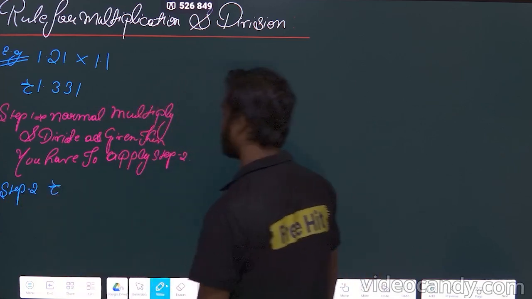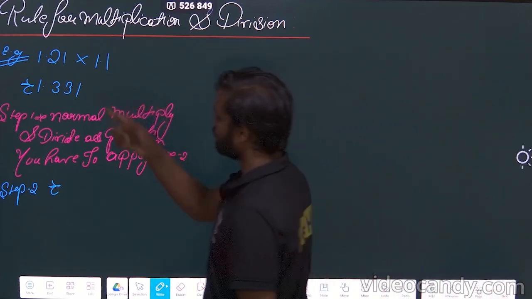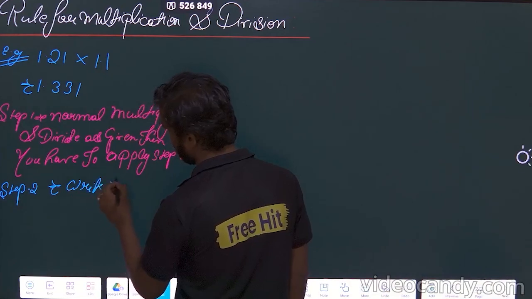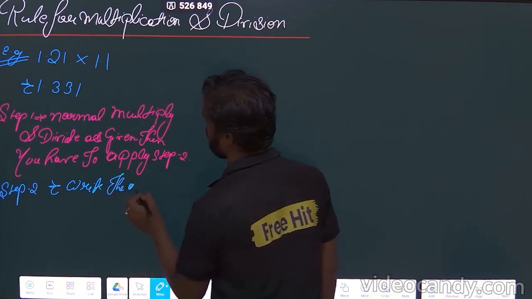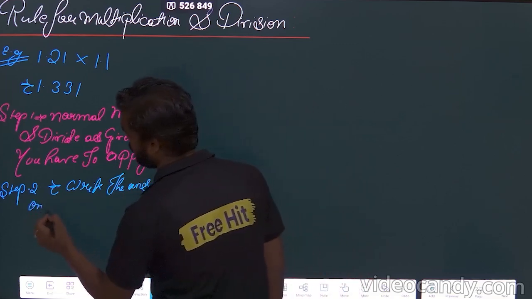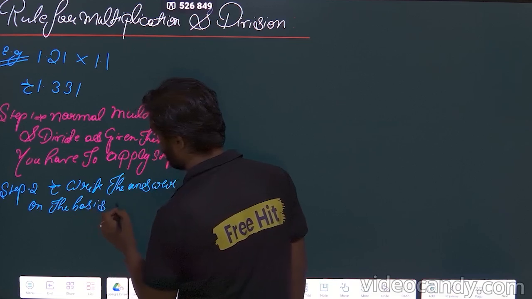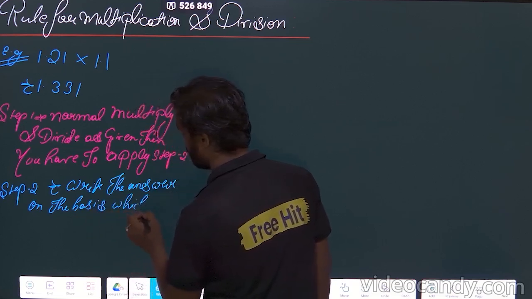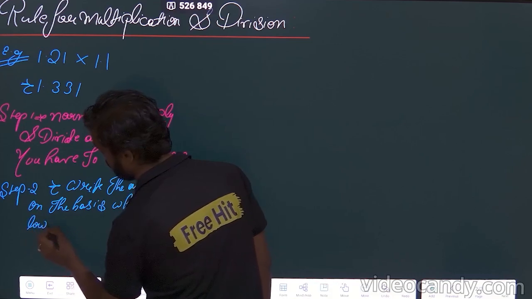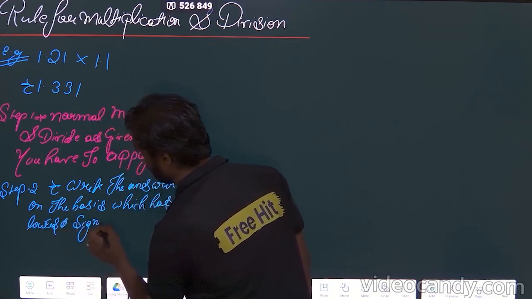What you have to do? We have to see which has the lowest significant figure, and write the answer on the basis of the lowest significant figure.